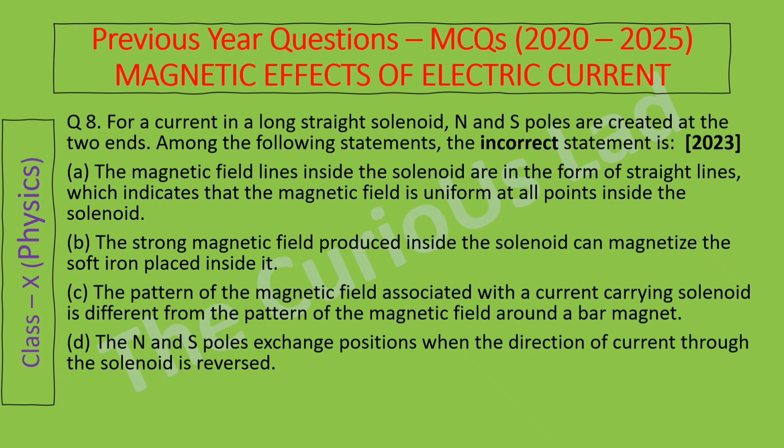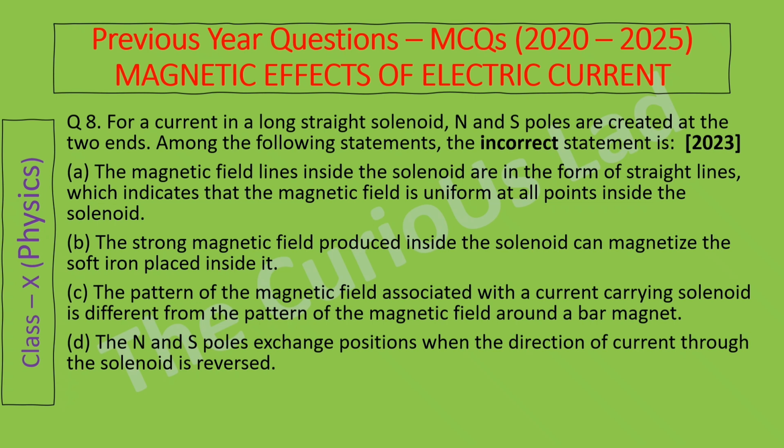Option B, the strong magnetic field produced inside the solenoid can magnetize the soft iron placed inside it. Option C, the pattern of the magnetic field associated with a current carrying solenoid is different from the pattern of the magnetic field around a bar magnet. Option D, the N and S poles exchange positions when the direction of current through the solenoid is reversed.